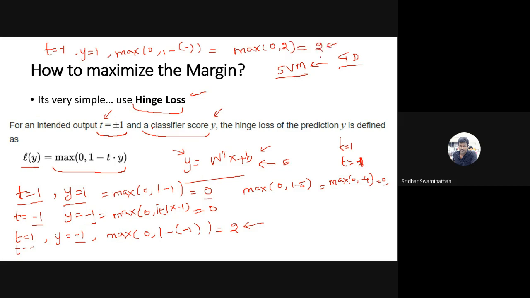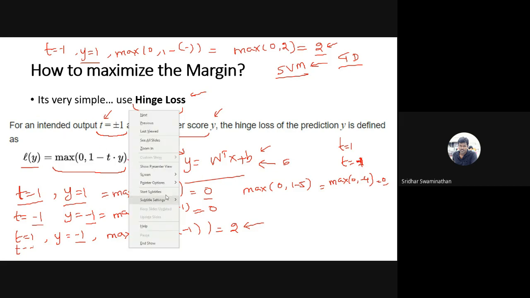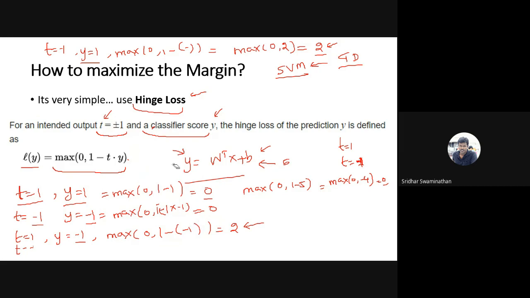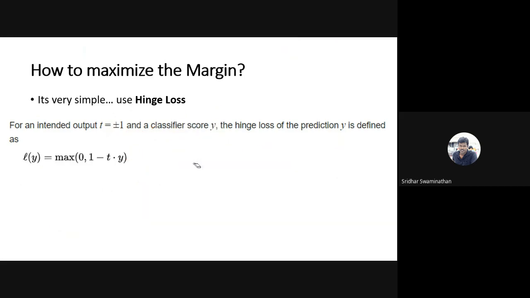So you will receive a high error, because you have given a wrong prediction. If you train the model with this Hinge loss, it will try to enforce the model to give a value of 1 or a value of -1.